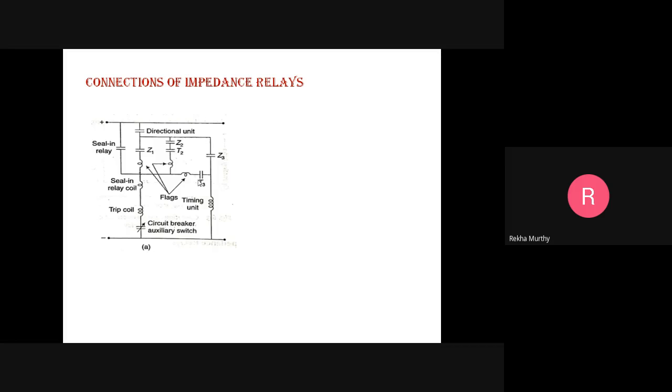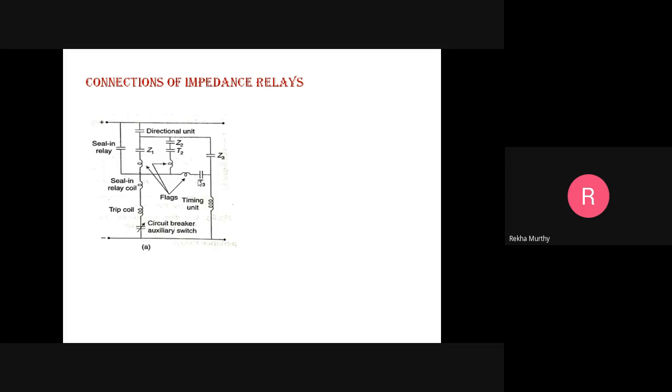In the next part of the circuit, you can see that there is an improvement. Here you can observe that the characteristics you are going to obtain will be for different operating times like T1, T2, T3. The characteristic circle for Z1 is very small, the circle for Z3 will be very large, and the circle for Z2 will be intermediate.